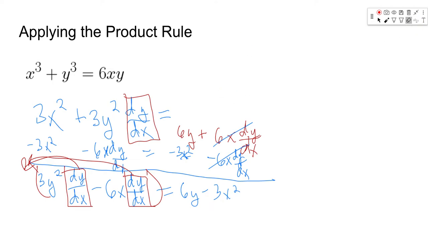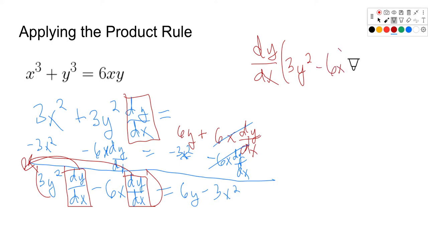That's good. And so we get dy/dx up front. We've got 3y squared minus 6x equals 6y minus 3x squared.